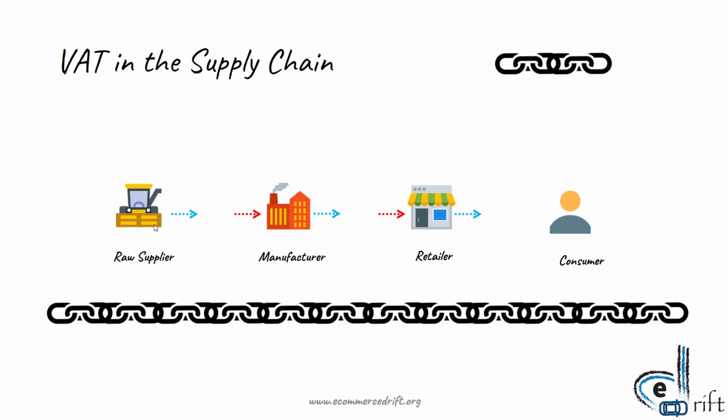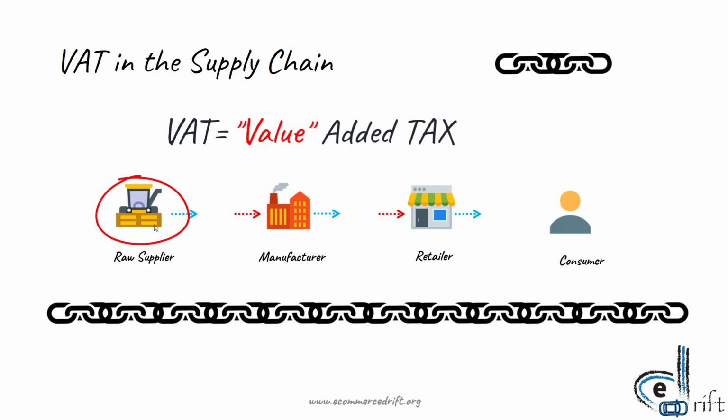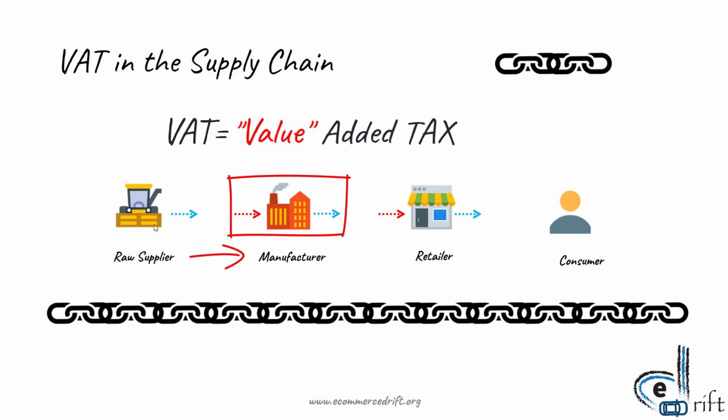Now, each one of these entities is adding some kind of value in the supply chain. For example, the raw supplier, which is the origin of the supply chain, is harvesting and mining supplies, whatever the supplies may be, and making them available for manufacturers to purchase. The manufacturer is manufacturing the products from the raw materials it's getting from the raw suppliers, so it is also adding value in the supply chain.